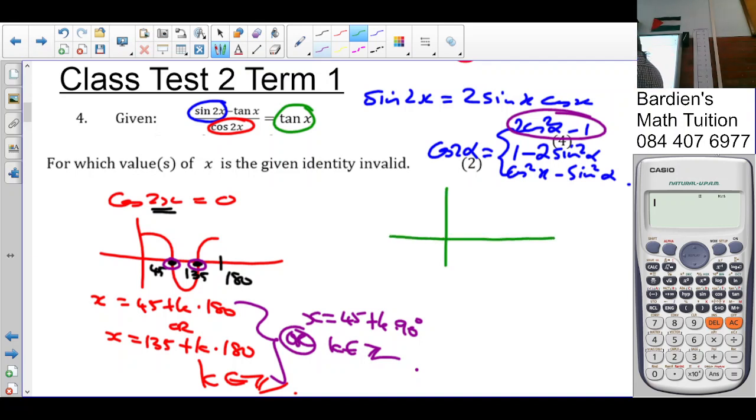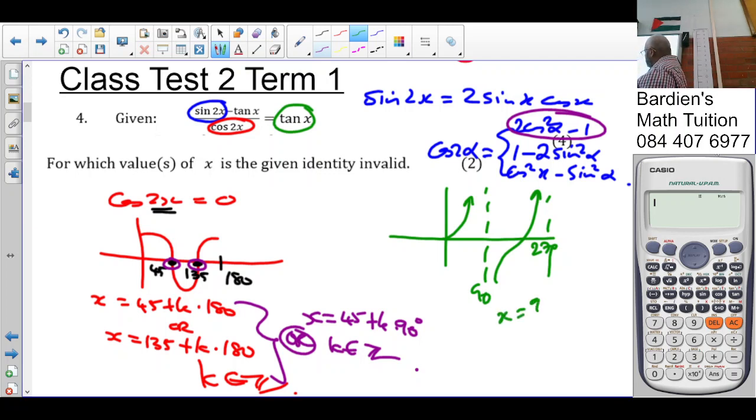We're looking at the tan graph, it is at 90 degrees. The next one is at 270 and so on. So this will be undefined where x is equal to 90 plus k times, and this happens every how many degrees? 180 degrees. And by saying this once, it suffices for everything in that question.